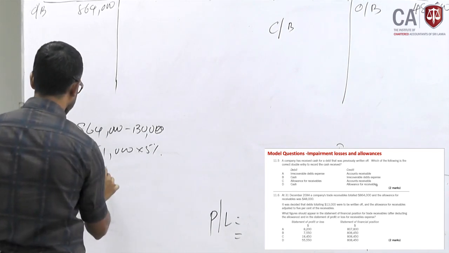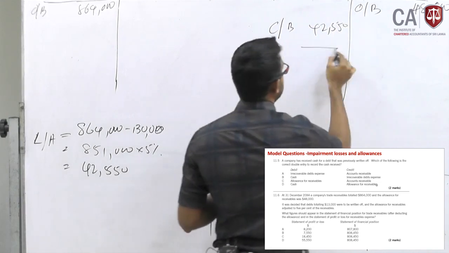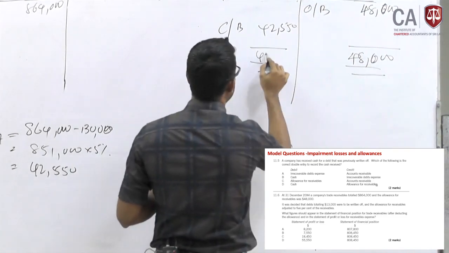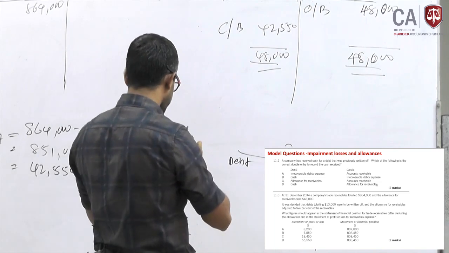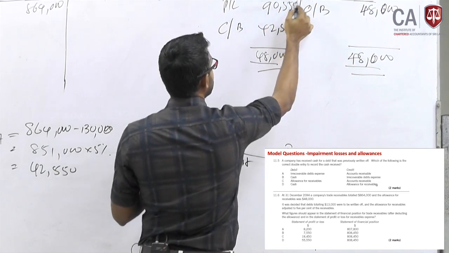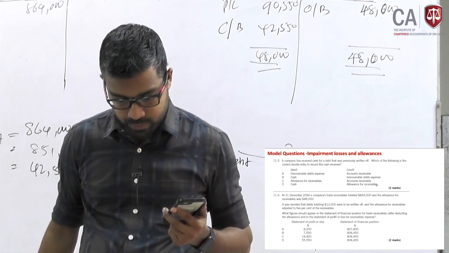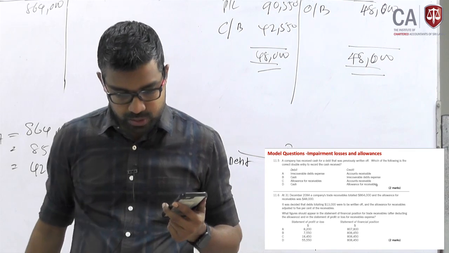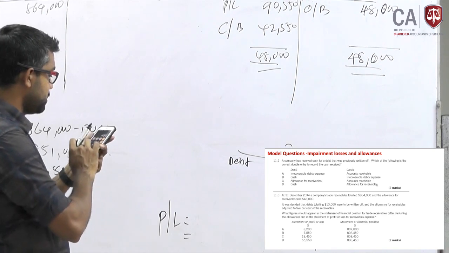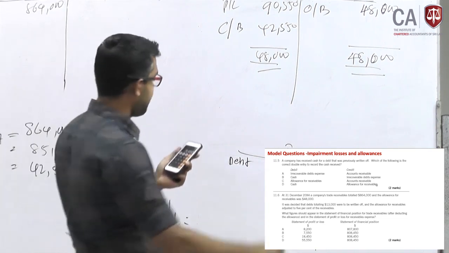Simple, right? So the opening balance you have is 48,000 minus this closing balance, so the P&L amount: 48,000 minus 42,550, which is 5,450.